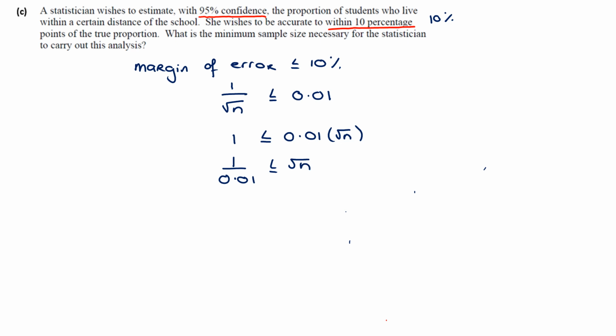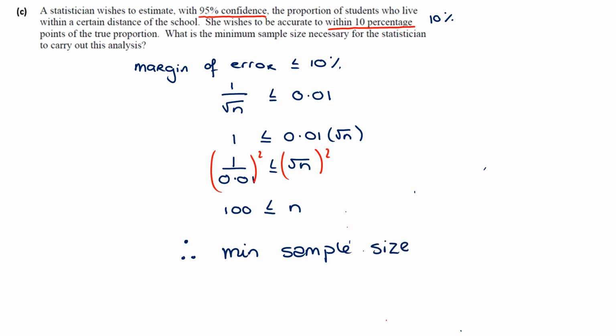I wouldn't use the reciprocals here because if you use the reciprocals you have to be really careful about the inequality. We're going to square both sides. When you square both sides, we're left with 100 less than or equal to n. So therefore minimum sample size, the smallest we can probably have, is 100. n equals 100.